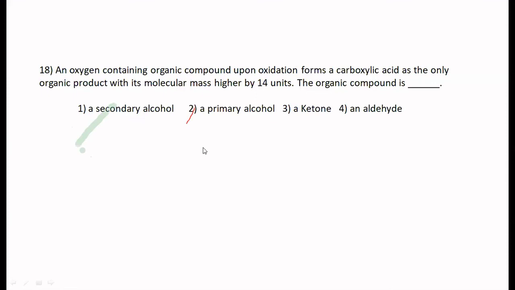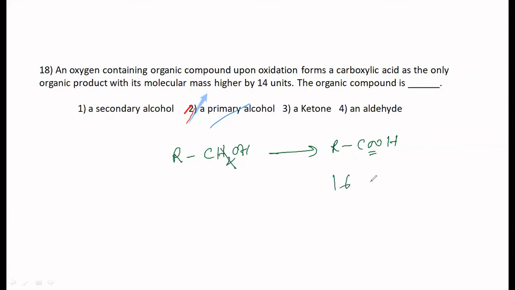Primary alcohol, yes, it's the primary alcohol which will be oxidized to acid, isn't it? If you take this as RCH2OH, it will be converted to RCOOH, which means you have removed 2 hydrogens and added 1 oxygen. Oxygen is 16 units minus 2, it will be 14 units. Primary alcohol, correct. That is fine.